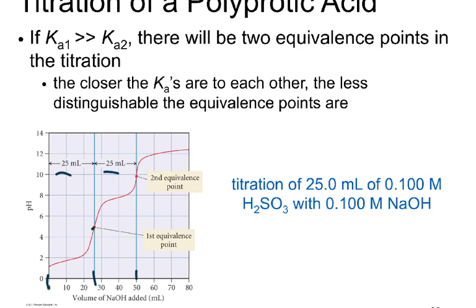So it takes 25 milliliters to get rid of the first H plus, then another 25 milliliters to get rid of the second one. So with polyprotics, you're going to see this 2-bump system where you can find your pKa1 and your pKa2 by finding the half equivalence point in between.